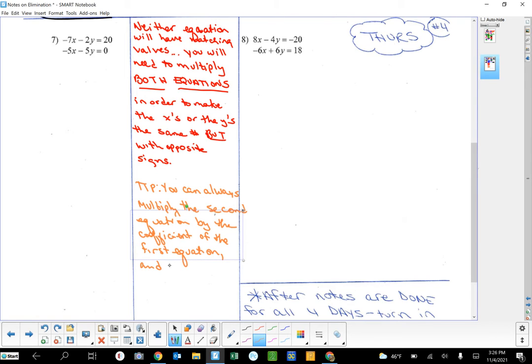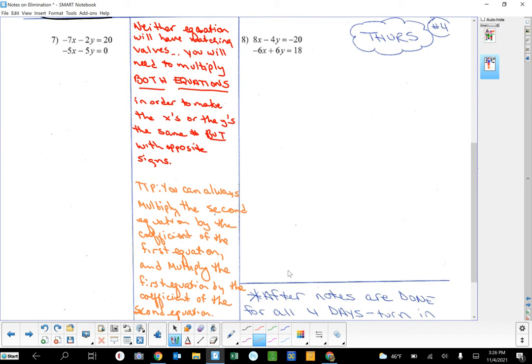And multiply the first equation by the coefficient of the second equation. This is hard to put into actual words. It's easier to just do. Okay, so here's what I mean.